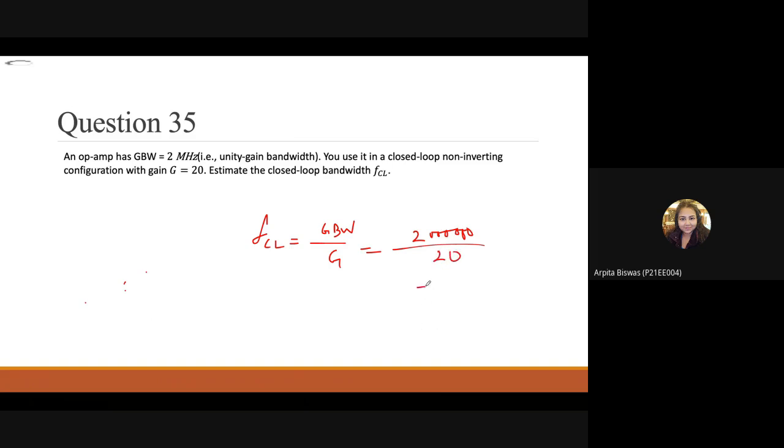So it is 100 kilohertz. FCL equal to 100 kilohertz.